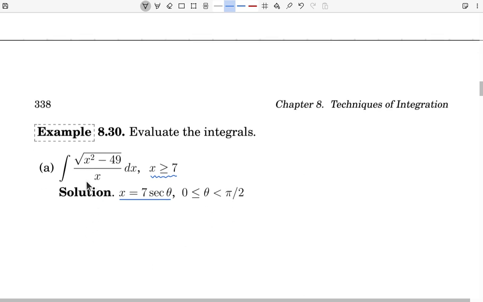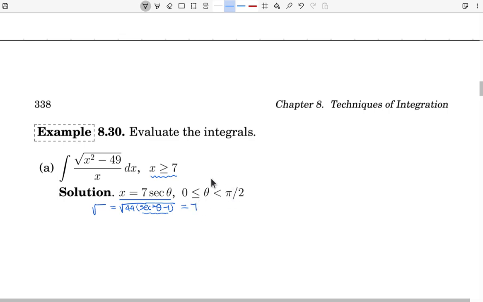Along with that, the inside of the radical is the same as the square root of 49 times sec squared theta minus 1, right? And that is tangent squared theta, so that is 7 tangent theta.